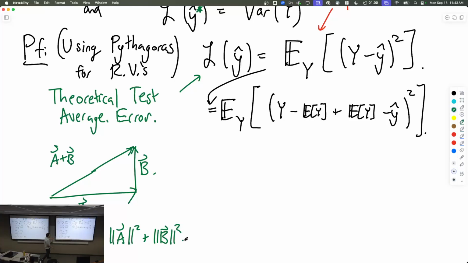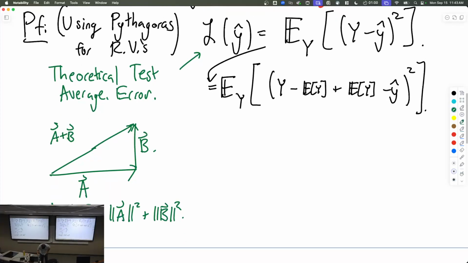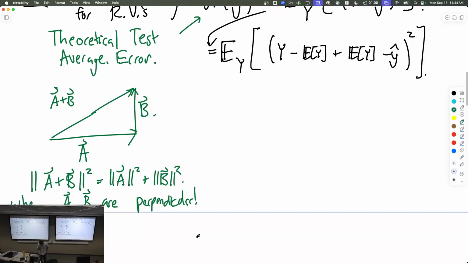And it only works if this is 90 degrees, so when A and B are perpendicular. Okay, that's the regular Pythagorean theorem.